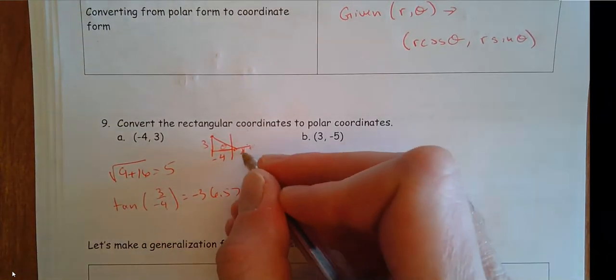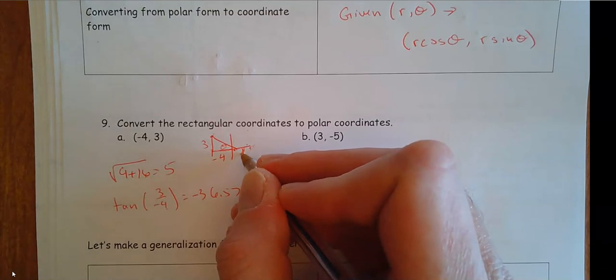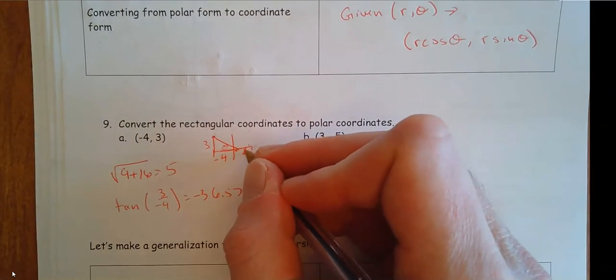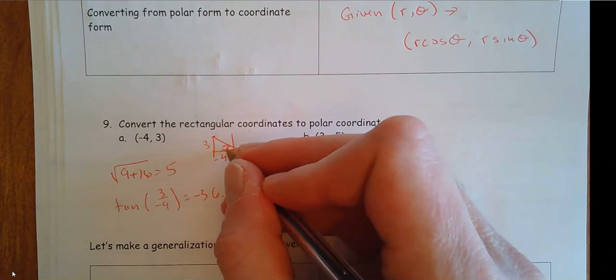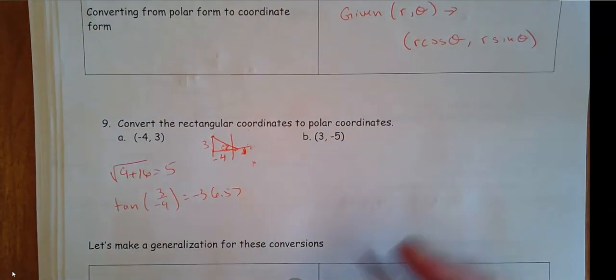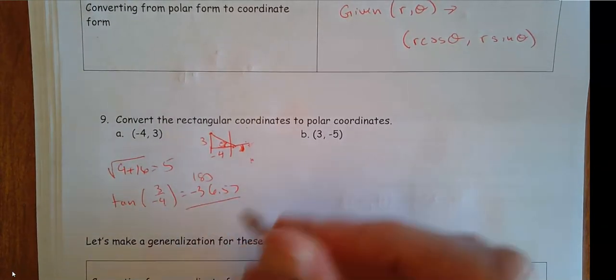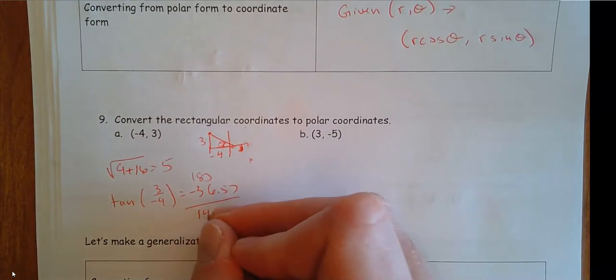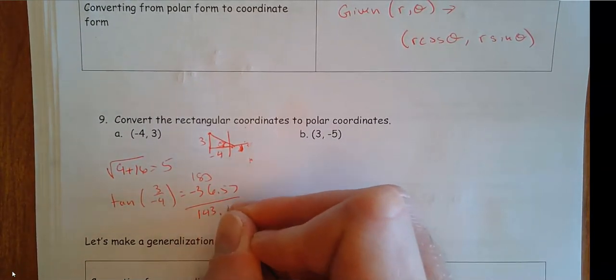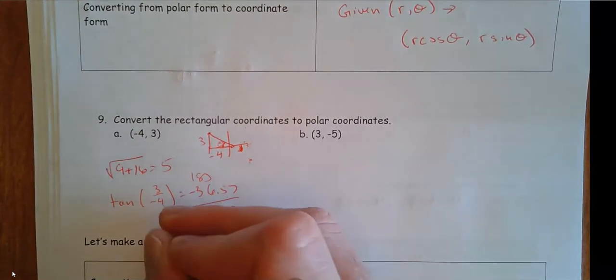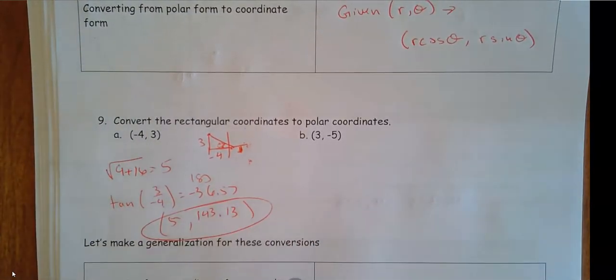Now that means open down 36 degrees, but I'm obviously in the second quadrant, so that's not quite right. So I could think 180 minus that. So 180 minus 36.57, and now it's 143.13. So it would be 5 comma 143.13, there's my polar coordinate.